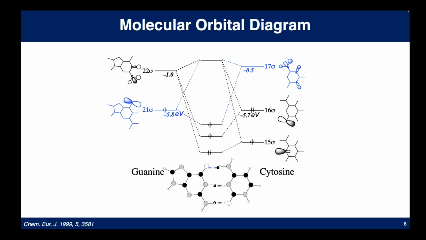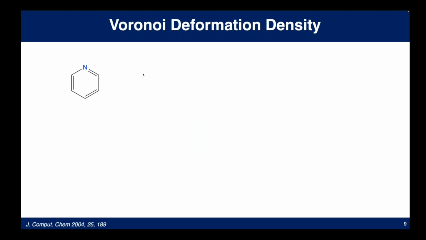So we proved that there were donor-acceptor interactions with the energy decomposition analysis, with a Kohn-Sham molecular orbital diagram, but we went one step further.